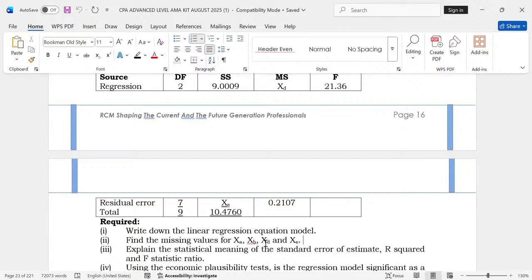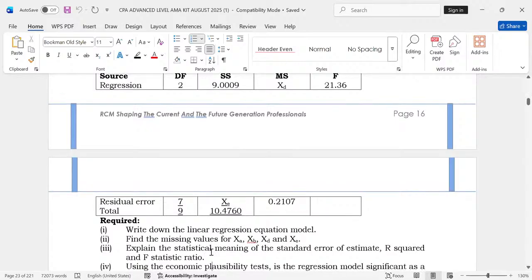Do you remember the concept of explained variance proportion? R squared is the explained variance proportion. The bigger the R squared is, the better the prediction abilities of the model. Then they also want us to explain what F ratio is, which I shall be able to do immediately.